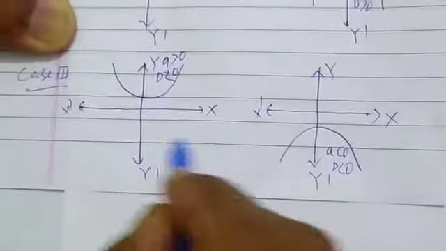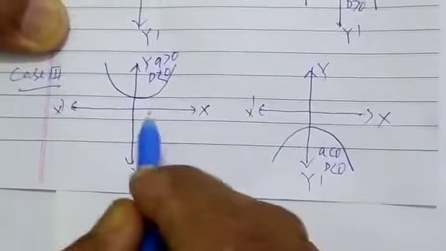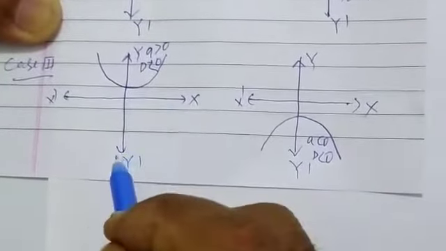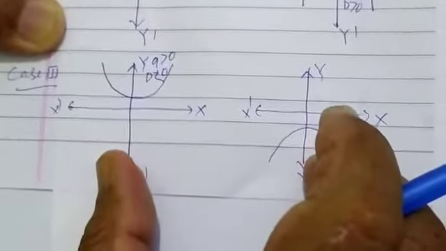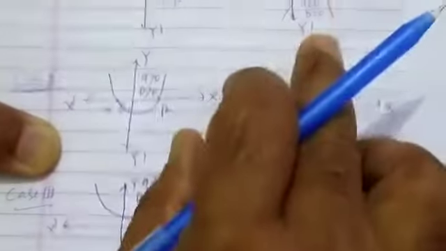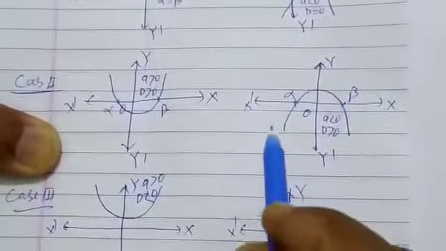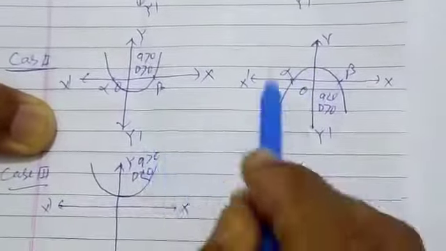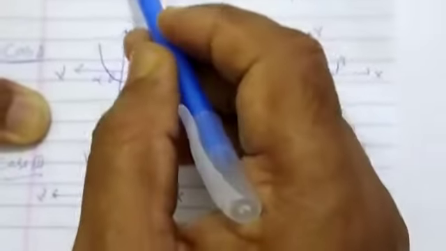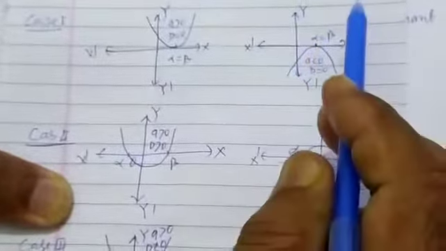It means it will never touch the x-axis. That's why we always get imaginary zeros. No real value will be obtained, so the number of real zeros is 0. Here we are getting 2 and here we are getting 1. It also satisfies the condition that if a polynomial is of degree 2, then the maximum number of zeros will be 2. But see the nature of the graph, it is parabolic.